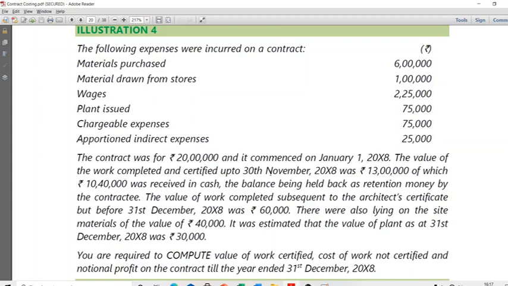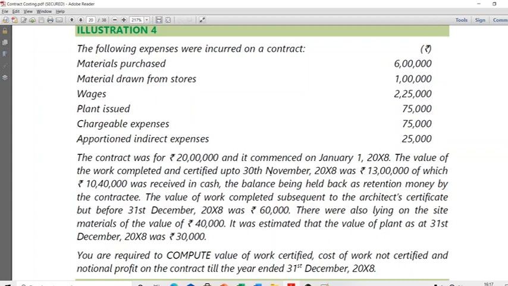This is where we follow a principle saying that we will not recognize anything more than 13 lakhs, because we might have done work in the last month, but it was not certified by the expert for us to recognize. Certification is very important.